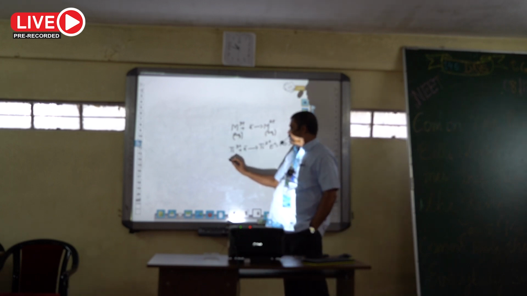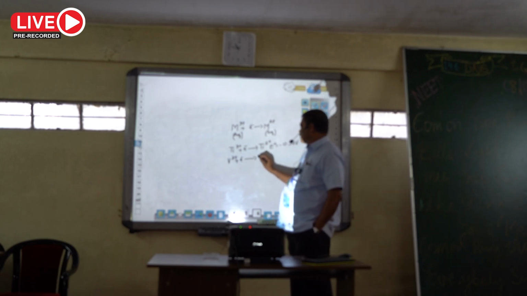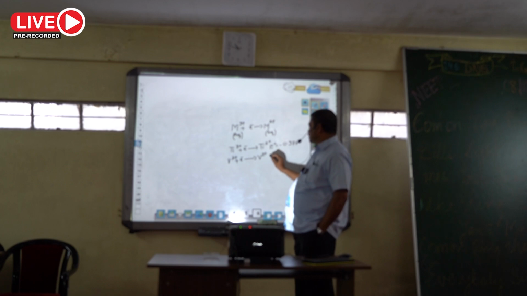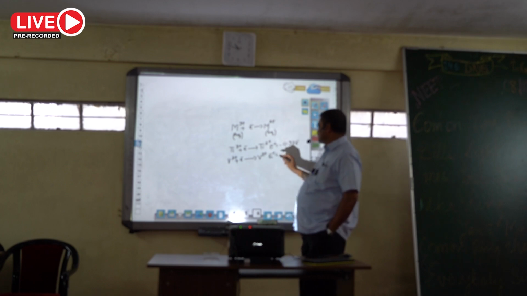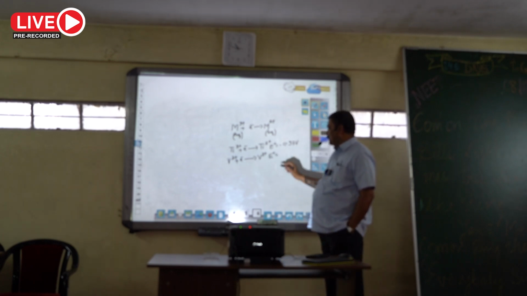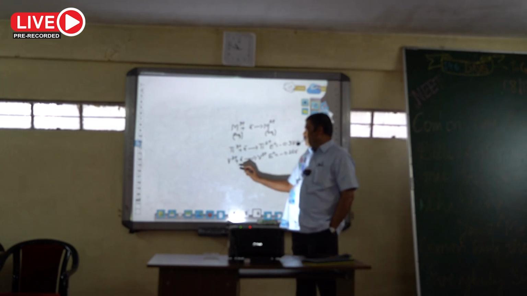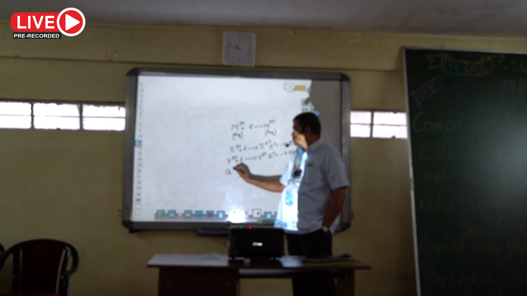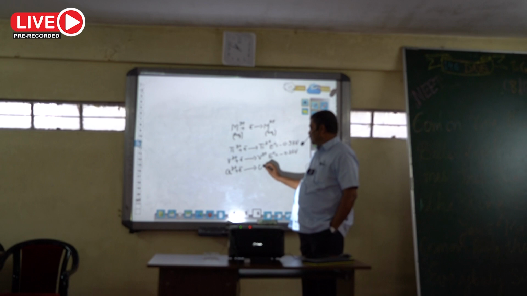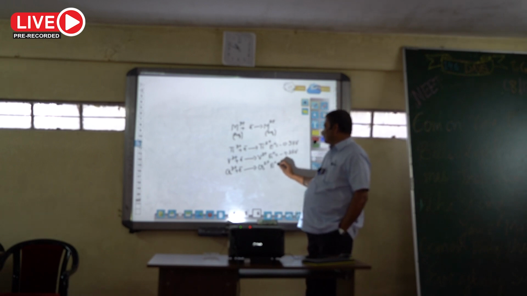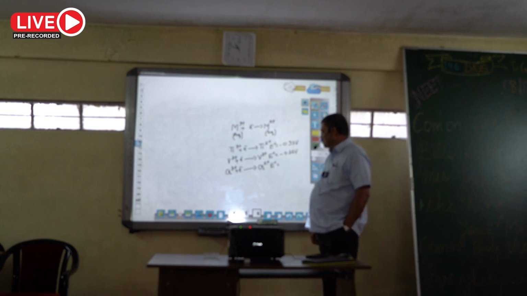Next, vanadium is minus 0.26. Chromium is minus 0.41.